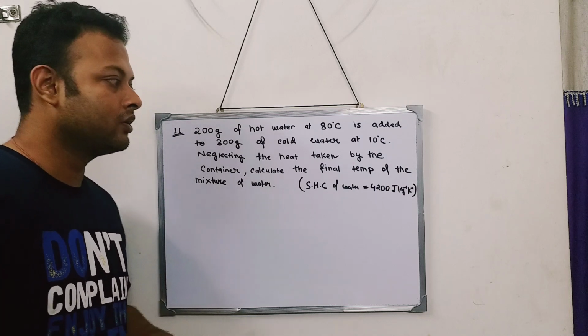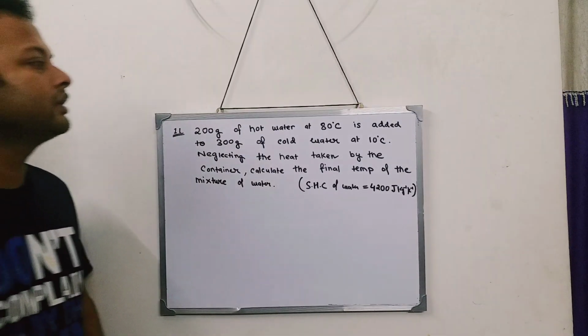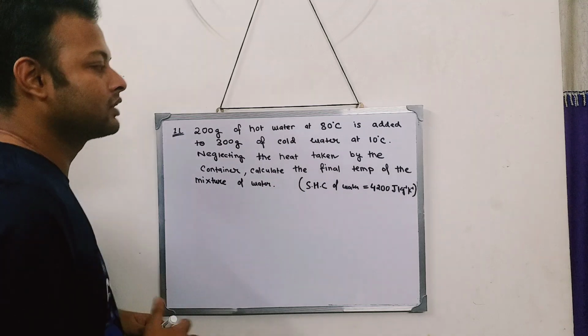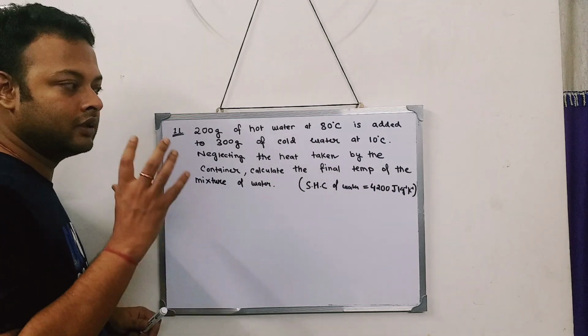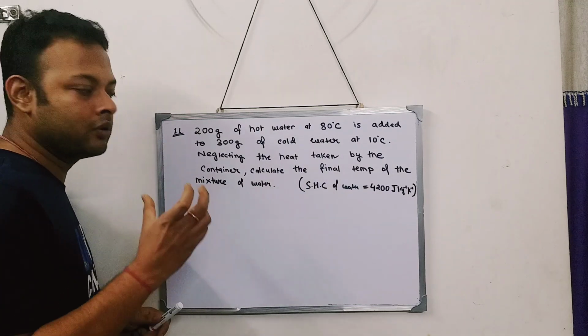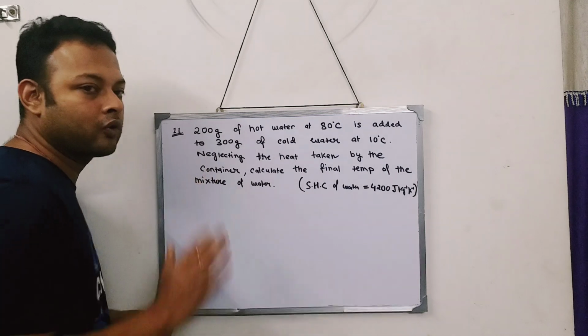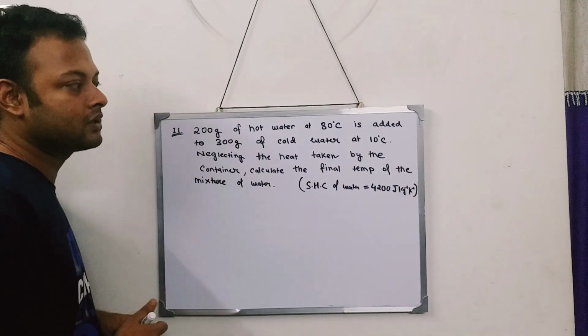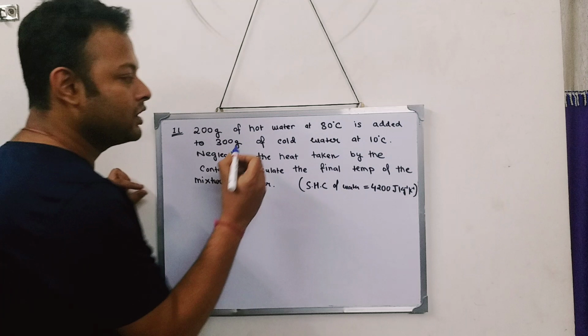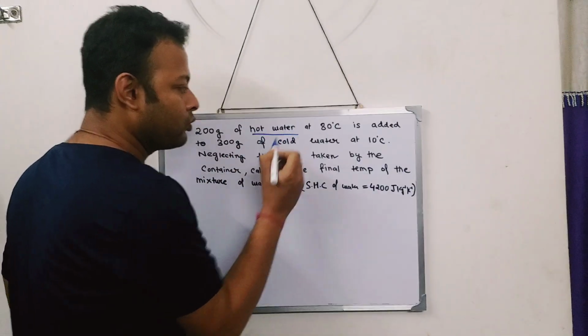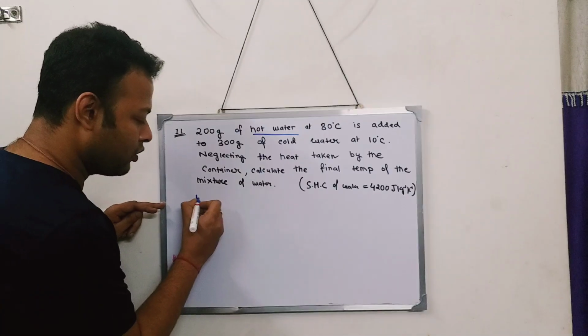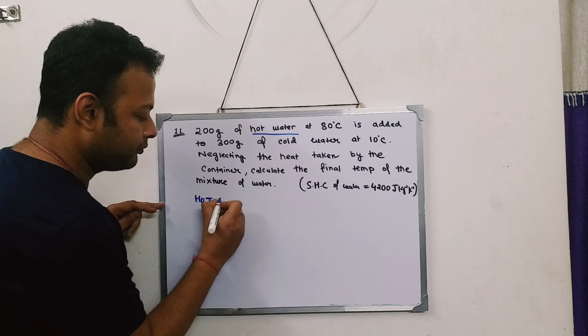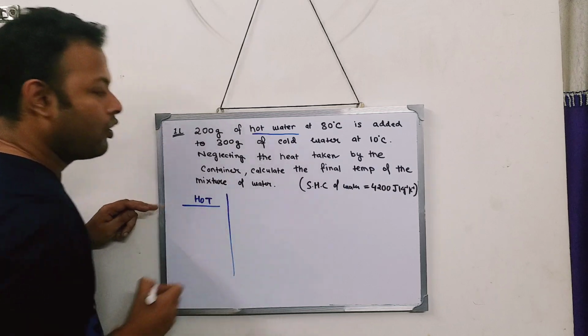Sure. So let's begin. Now see, as I told you how to read this sum: in a sum of calorimetry, there will be a hot body along with a cold body. It has to be a sum like this. As you see in the first line, hot water, so I'll write hot body.